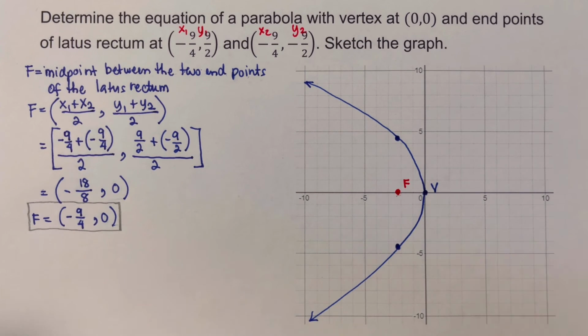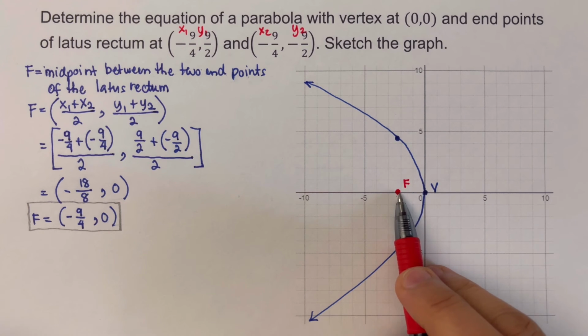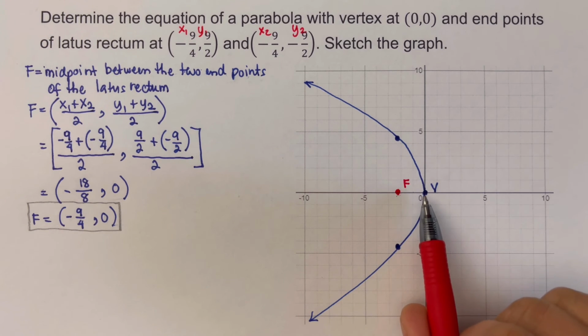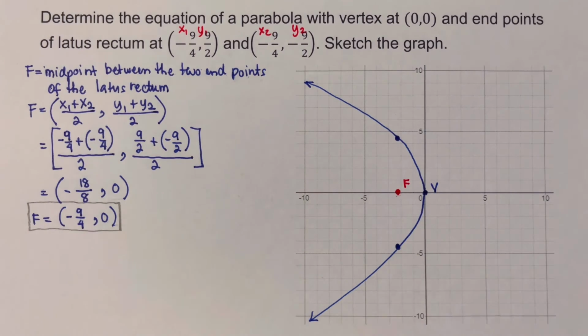Now we are going to determine the distance from the vertex to the focus. Although we can already tell that this distance here is negative 9 over 4 because that's going to the left, we go ahead and show the work using the distance formula. So then I am going to show the work down here.